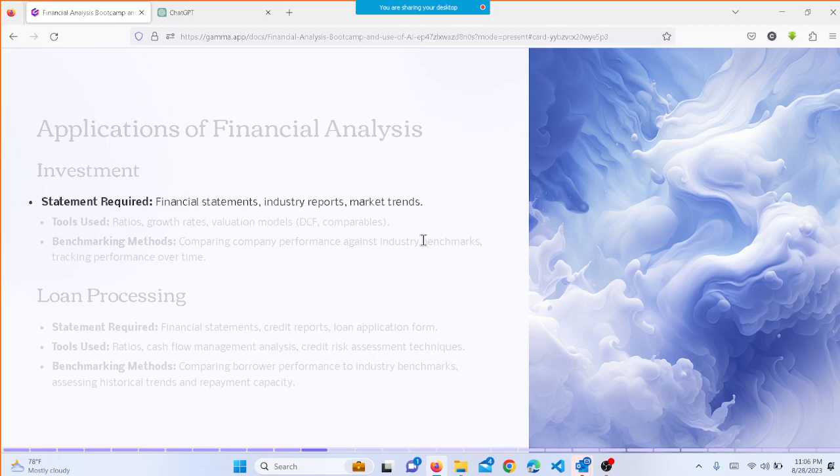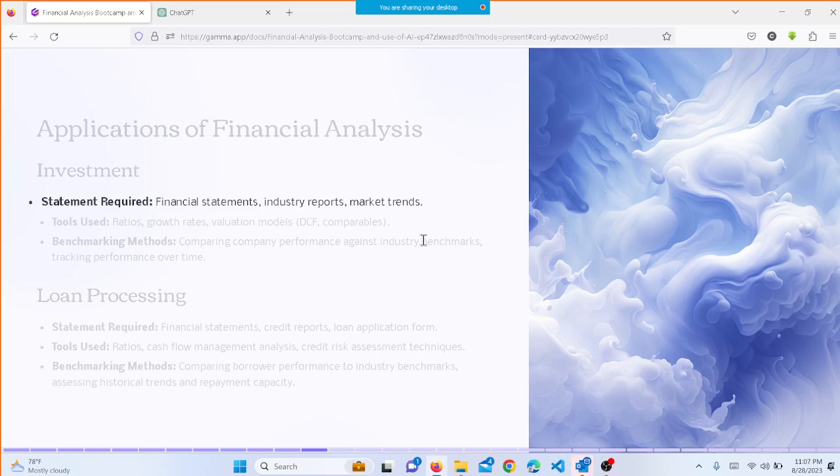And the industry reports are definitely needed. The industry reports are necessary for understanding the overall industry situation, whether the industry is in a declining phase or in a growth stage, and compared to the industry, how the company that we want to invest in is functioning, whether it's a market leader or a follower of the industry trends.